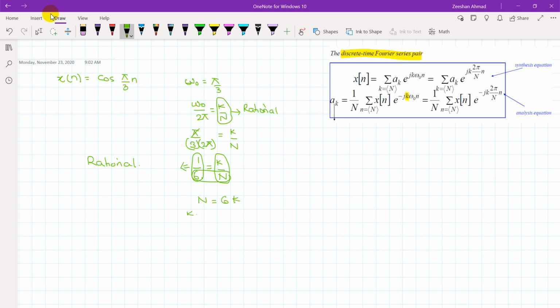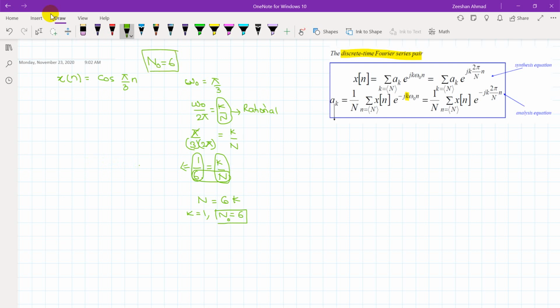For the smallest value of k, which is 1, N will be equal to 6. So this is your fundamental period here. Now we know that for this particular signal, the fundamental period is 6. I'm just writing it here: N naught is 6 for this particular question.